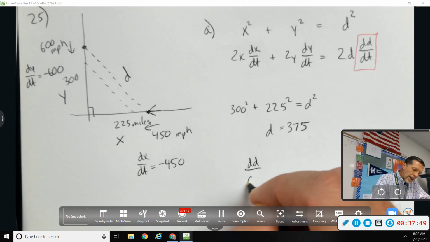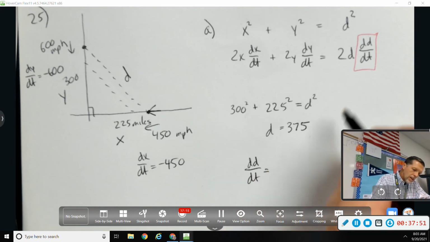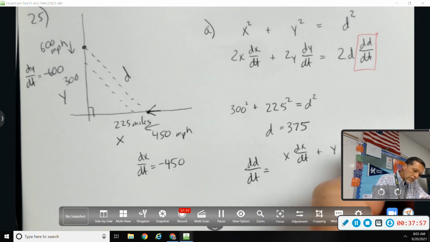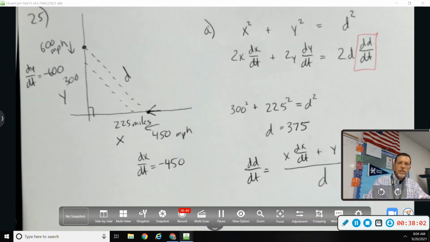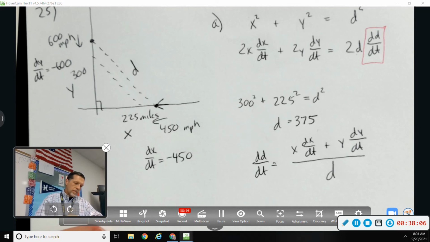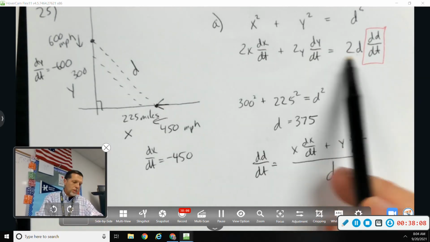I'm going to do the algebra first this time, although there's not much of it. X dx/dt plus y dy/dt, all divided by d. So I divided by 2. Well, I guess I divided by 2 and d, but all the 2's went away.